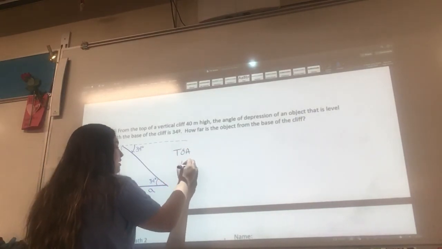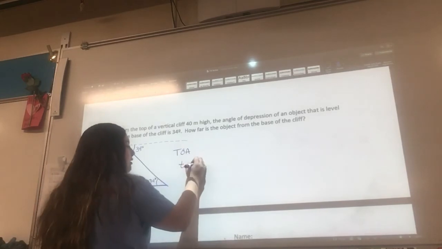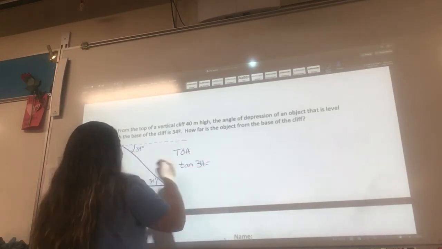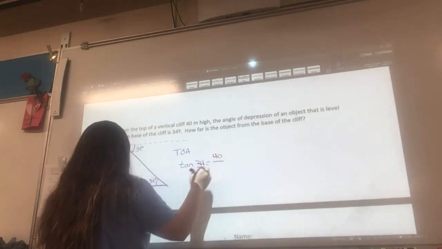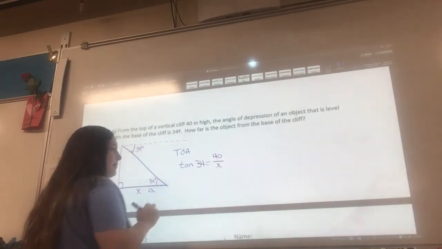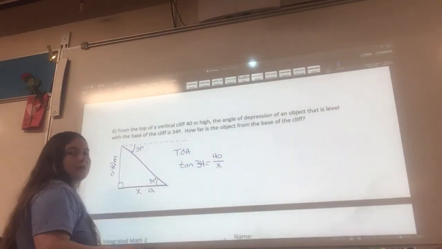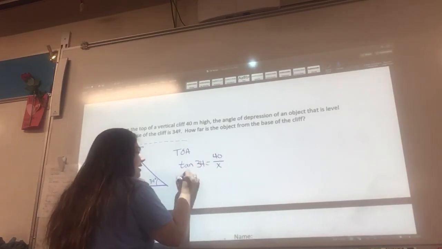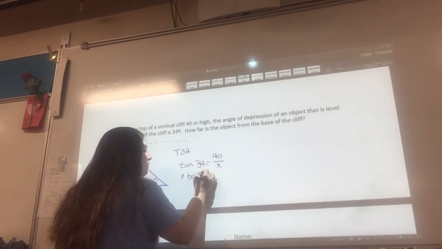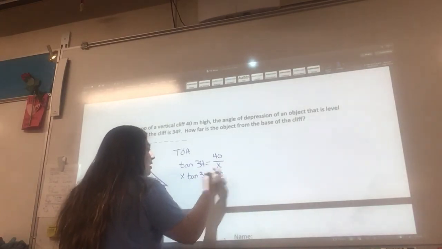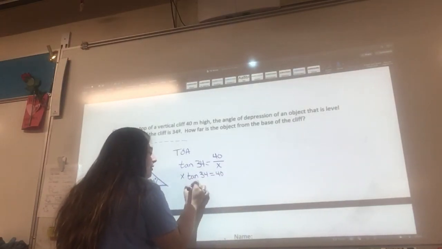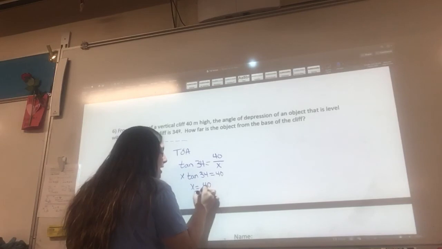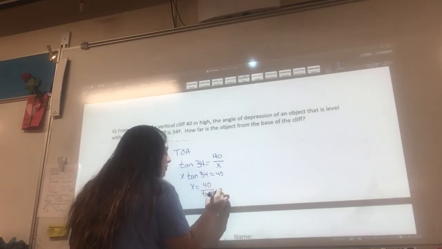So tangent of our known angle 34 equals opposite 40 over our adjacent x. Cross multiply, stuff we've been doing for some time. So x tangent of 34 equals 40. We divide by tangent of 34 to get 40 divided by tangent of 34.